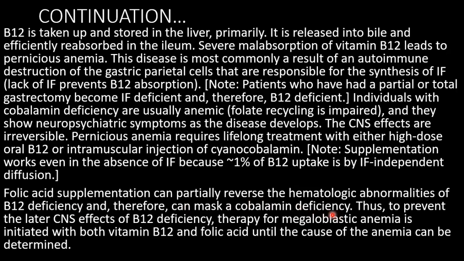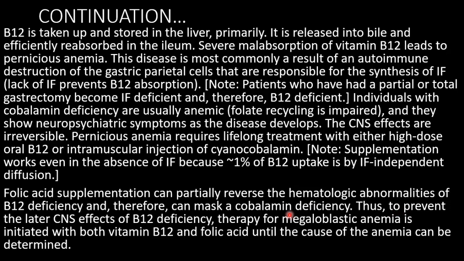So remember, we said that what can lead to megaloblastic anemia is that most of the tetrahydrofolate will be trapped in the N5-methyl form, but the N10-formyl tetrahydrofolate and N5,N10-methylene tetrahydrofolate forms will be deficient. So if one has folic acid supplementation, this can correct the hematologic abnormalities, okay?